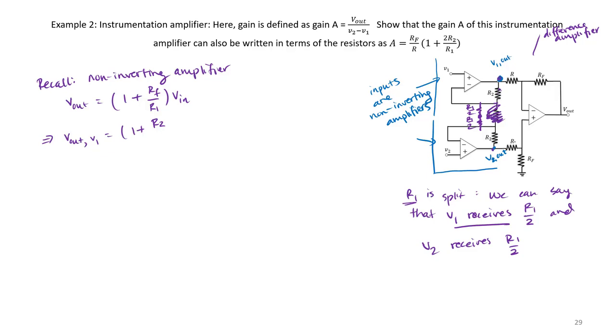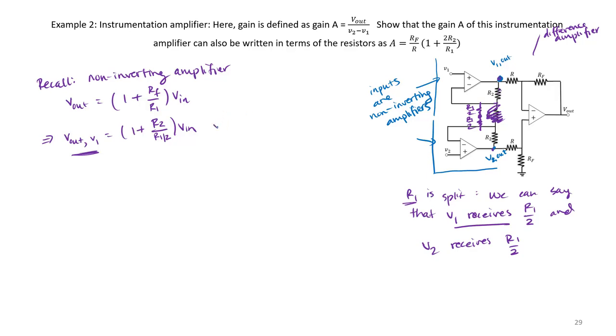So if I do that, then my R1 term on the bottom for my voltage V1 will become R2 divided by R1 over 2, because I'm only receiving half of the resistance from my resistor R1.